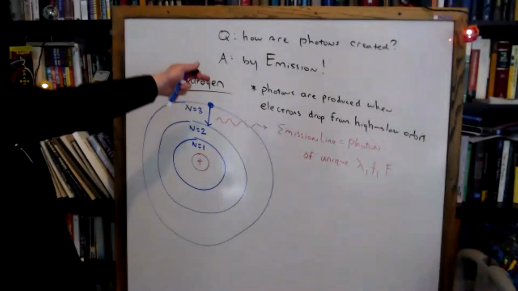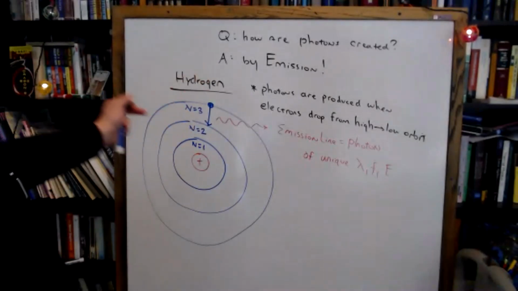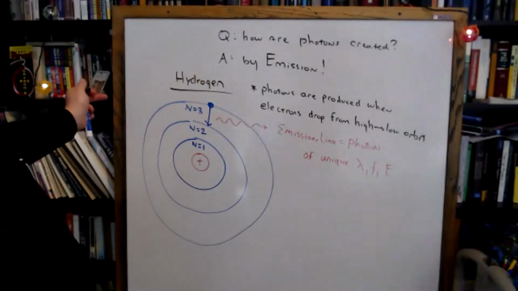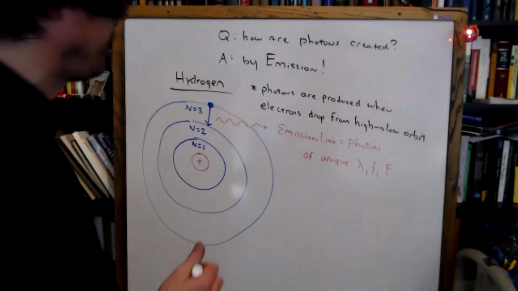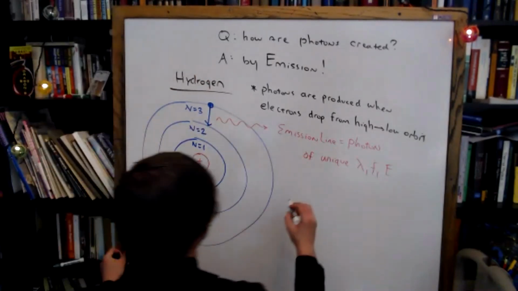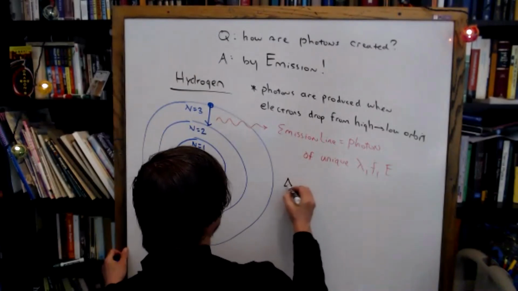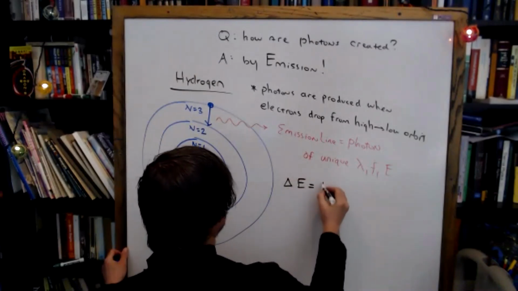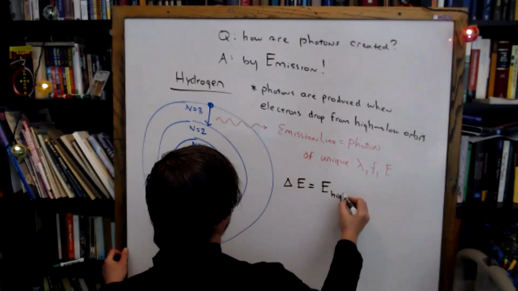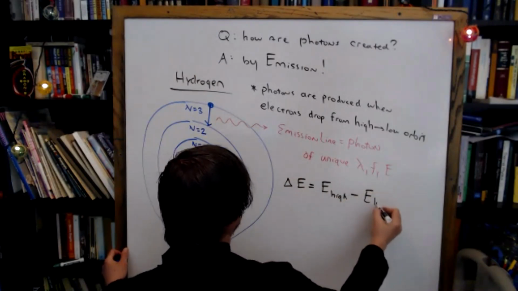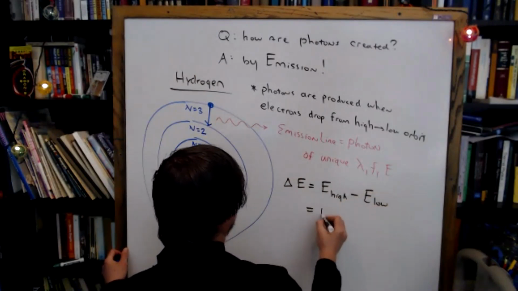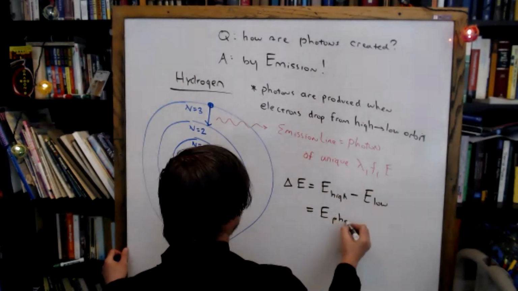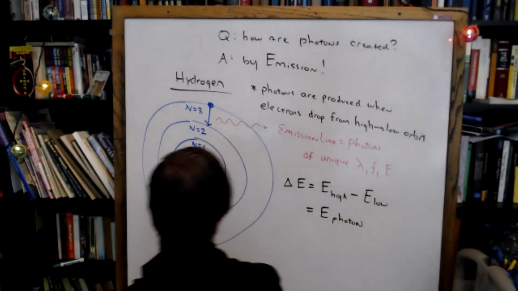These electrons lose potential energy, and the energy of the drop is exactly equal to the energy of the photon. Let's write that down. The change in energy, the difference between the energy of the high orbit and the energy of the low orbit, is exactly equal to the energy of the photon that is produced.